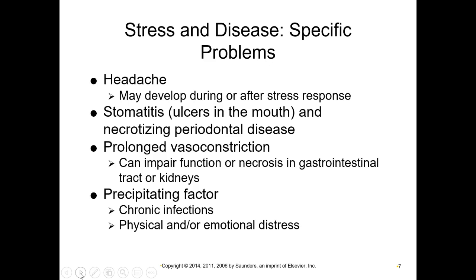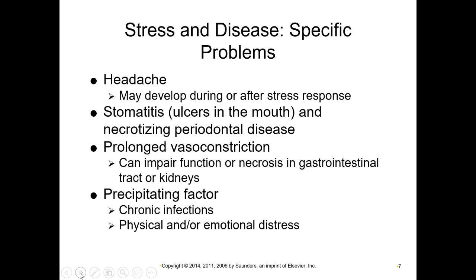Prolonged vasoconstriction, which can impair function and cause necrosis in the GI tract or the kidneys. Things are going to be vasoconstricted, and major body organs, the fight or flight.